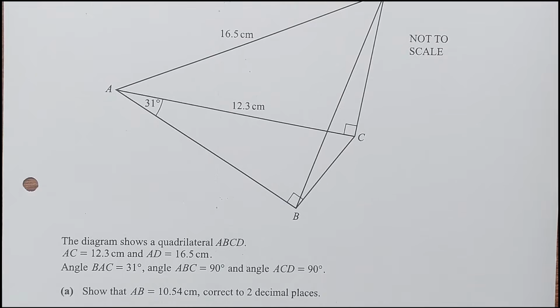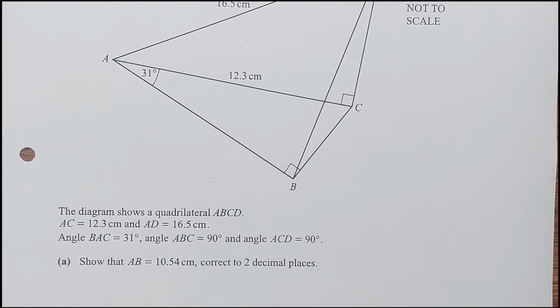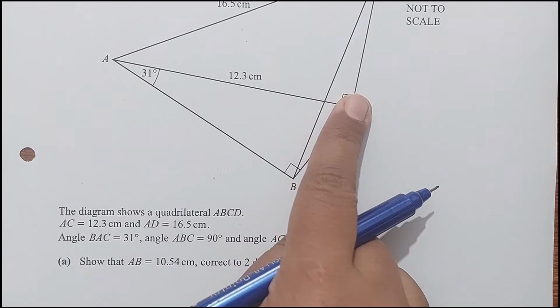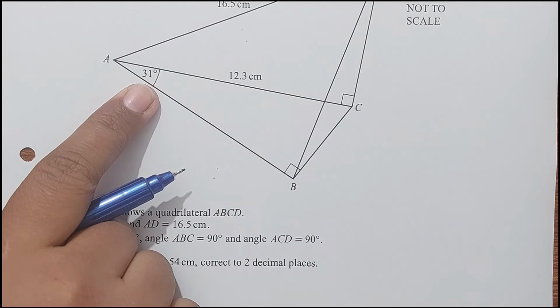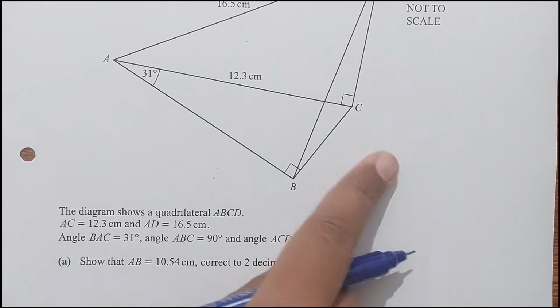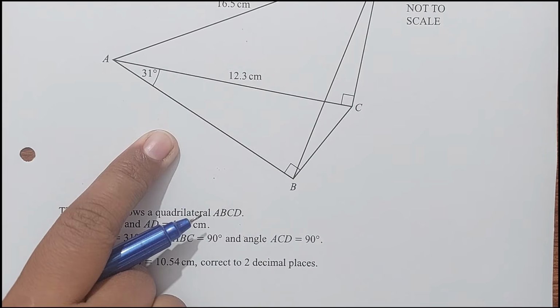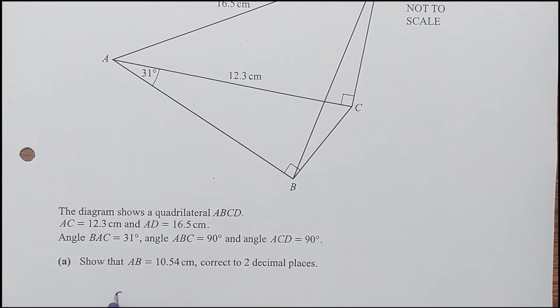Okay, so for AB, considering the right angle triangle ABC, we have AC and we have the angle A, so the opposite, adjacent, and hypotenuse. We have to solve for the adjacent using trigonometric ratios. We can use the ratio of cos. Cos of 31 degrees is the adjacent side AB over the hypotenuse AC, which is 12.3 centimeters.